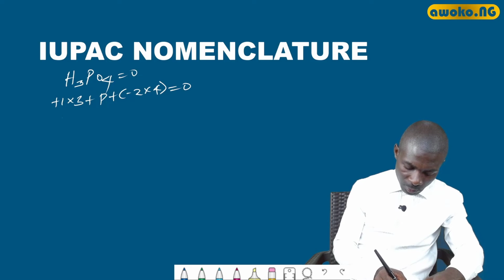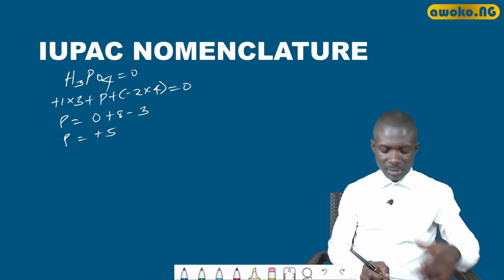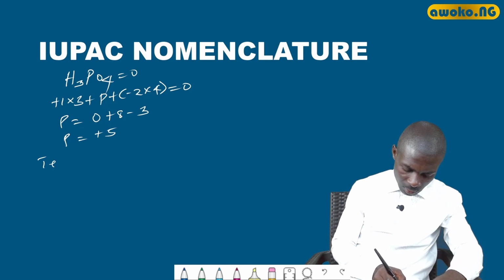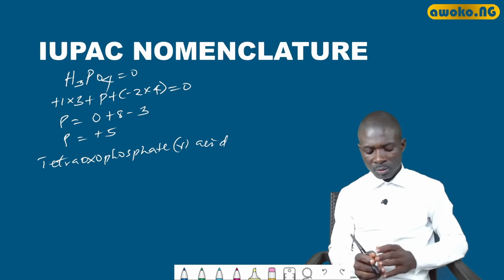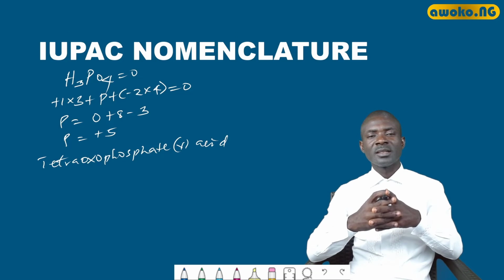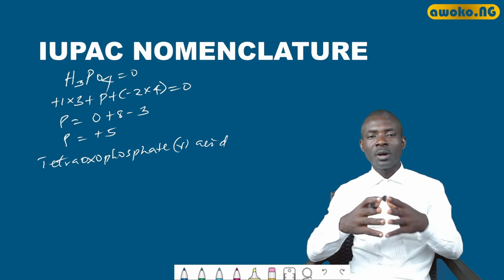So P is equal to 0 plus 8 minus 3. So P is equal to +5. So the name of this acid is tetraoxophosphate(V) acid. That is how acids are named, ending their name with the word acid.